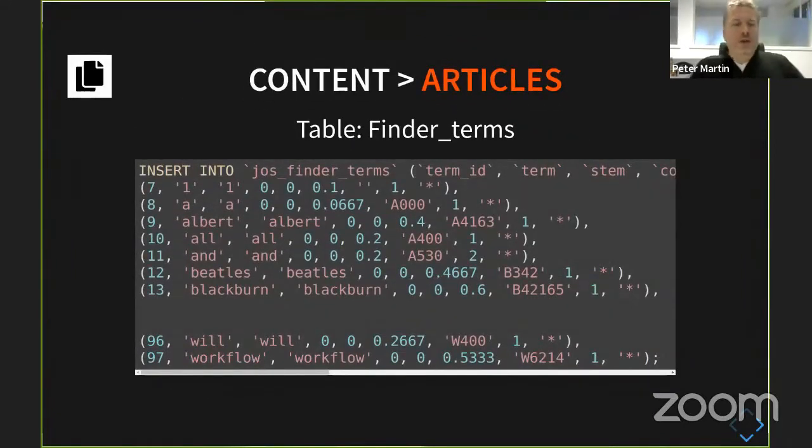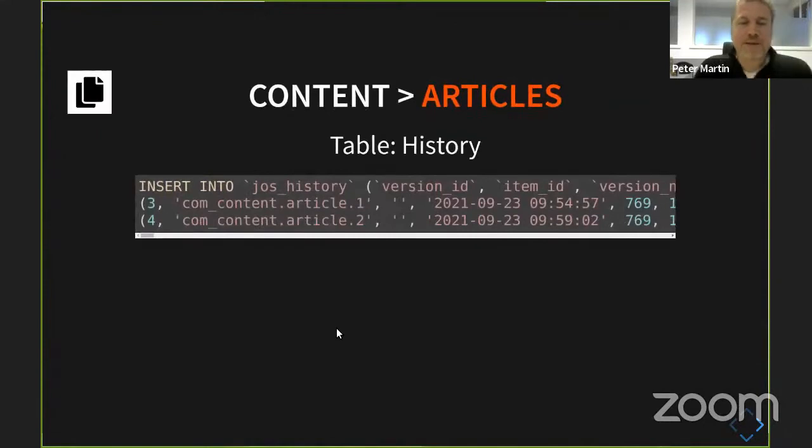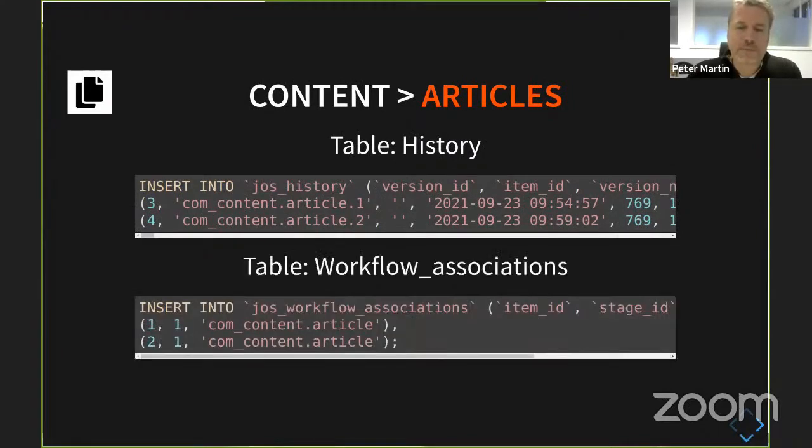So all the words in the articles are stored as separate records. The 2 articles will have maybe 100 different records, because I use the word Beatles, I use the word workflow for the marketing article, and those are all separate records. And of course, we have the history table again, because content also uses the history table.